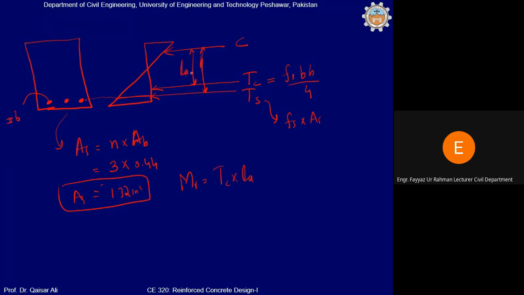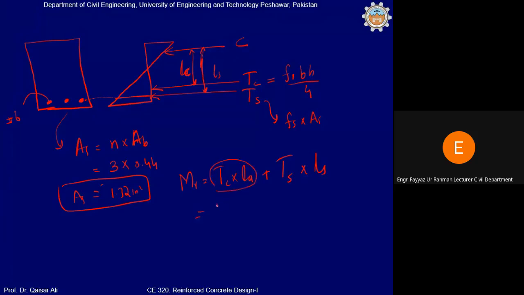Now in this case LA is this one, or we can say that this is LC, plus TS multiplied by LS. Lever arm of the reinforcement is denoted by LS, for example. Clear?